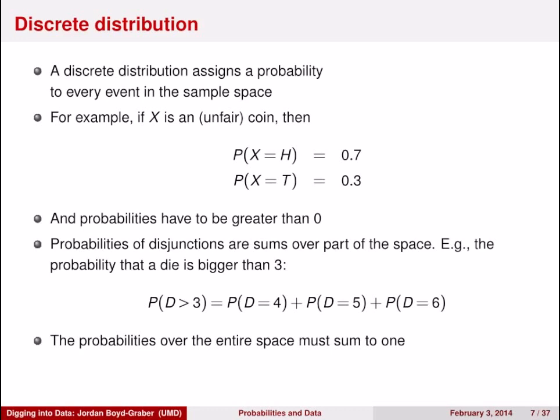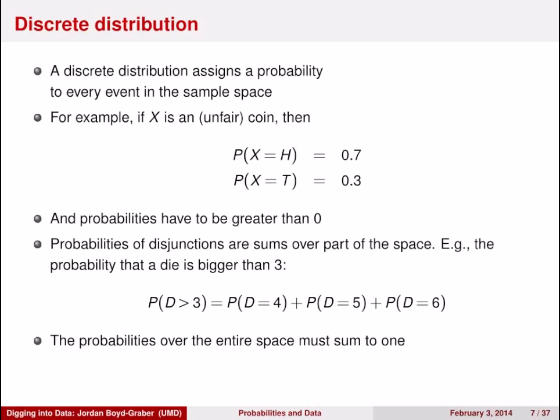By definition, all probabilities must be greater than 0, and probabilities of disjunctions are sums over part of that space. So for example, the probability that a die is bigger than 3 is the sum of the probability of the die being 4, 5, or 6. Also, by definition, the probabilities over the entire space must sum to 1.